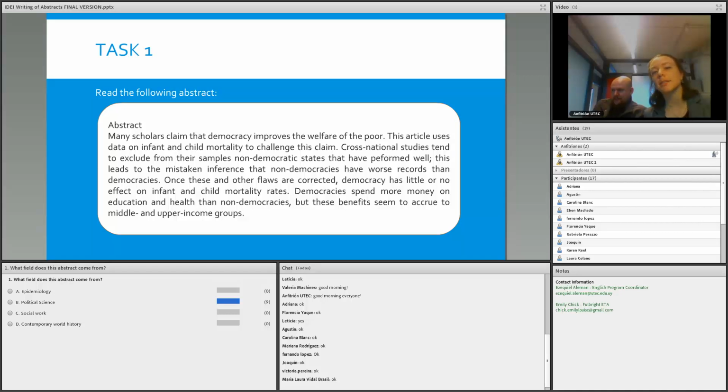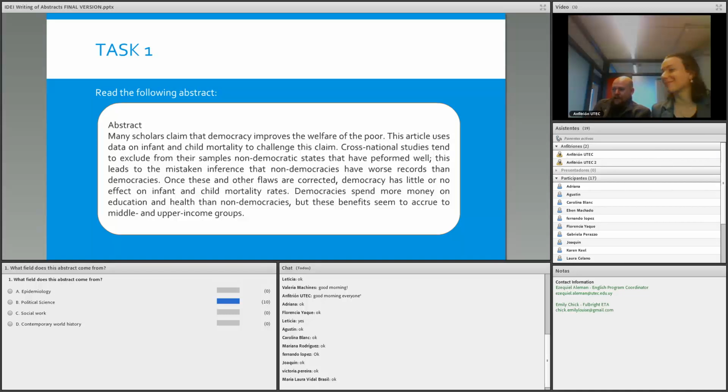This leads to the mistaken inference that non-democracies have worse records than democracies. Once these and other flaws are corrected, democracy has little or no effect on infant and child mortality rates. Democracies spend more money on education and health than non-democracies, but these benefits seem to accrue to middle and upper income groups.